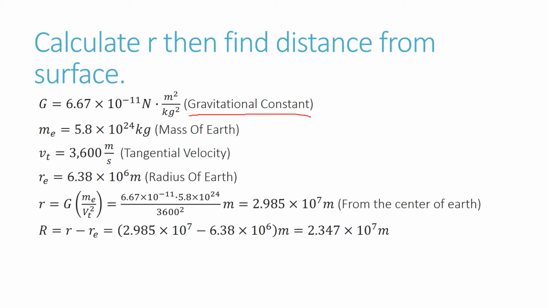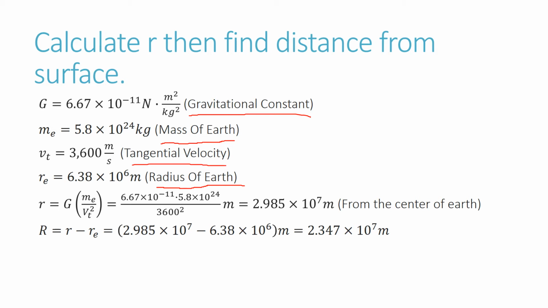Another one you can look up is the mass of the Earth. You can Google it or look in your physics book, or various other ways. The tangential velocity right here is given in the problem, and you can also look up the radius of the Earth. That's all given.